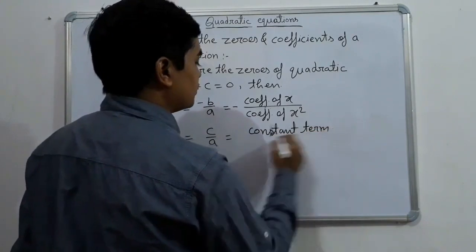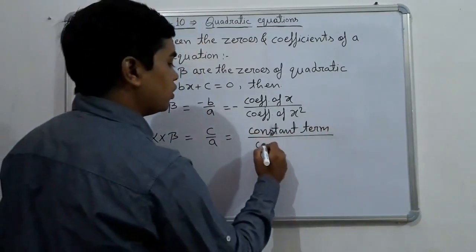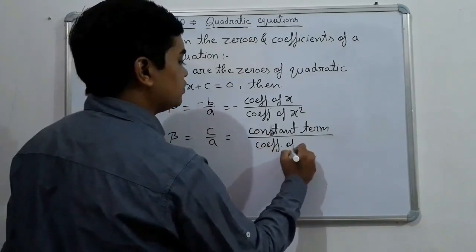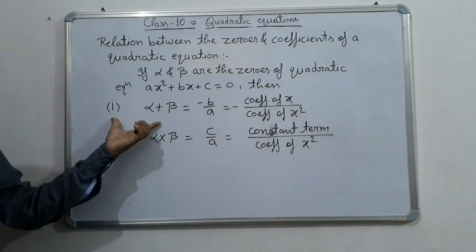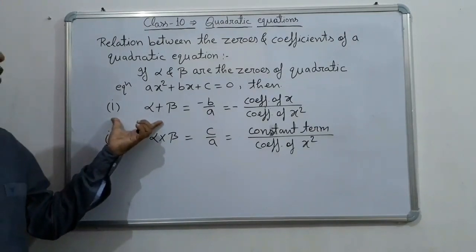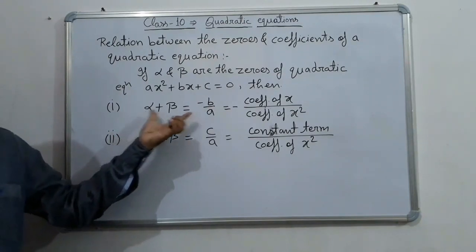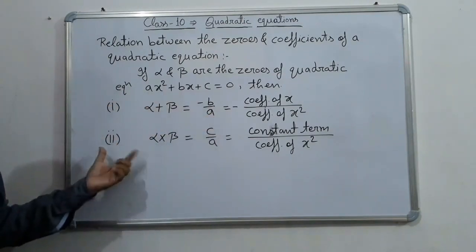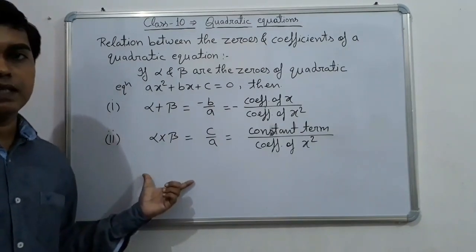Constant term upon again a. So a is coefficient of x square. Okay. So we have two relations between the zeros and coefficients of a quadratic equation. First one is alpha plus beta is equal to minus b upon a, and second one is alpha into beta is equal to c upon a.